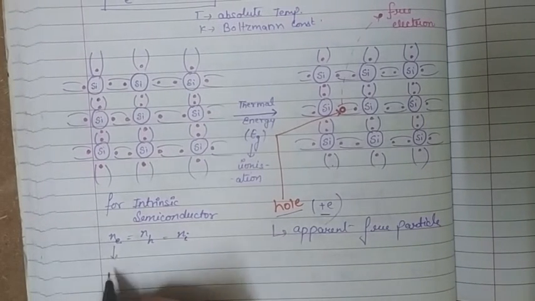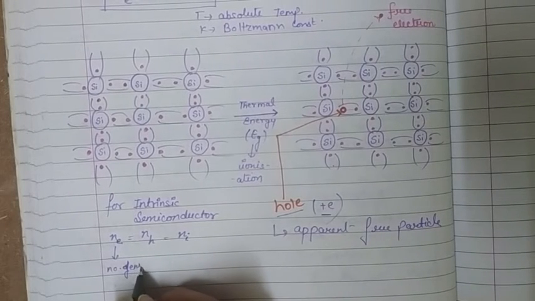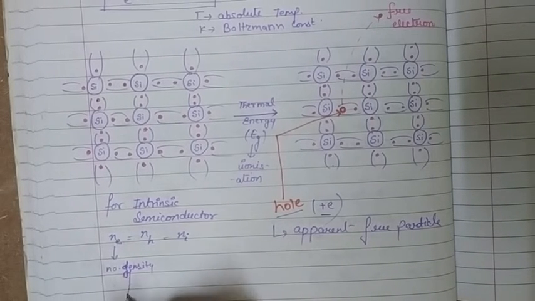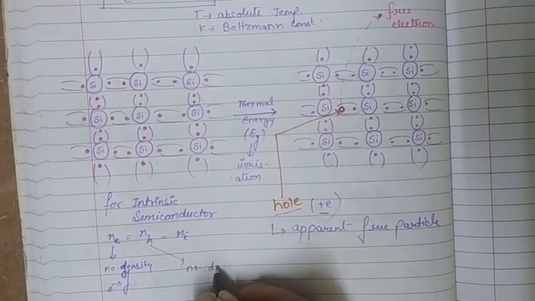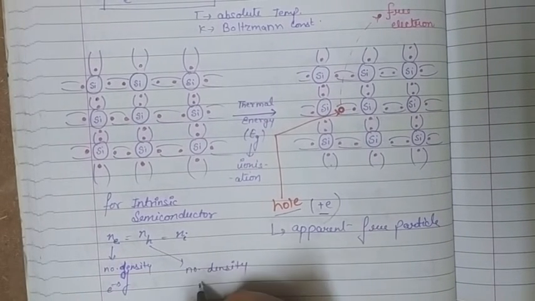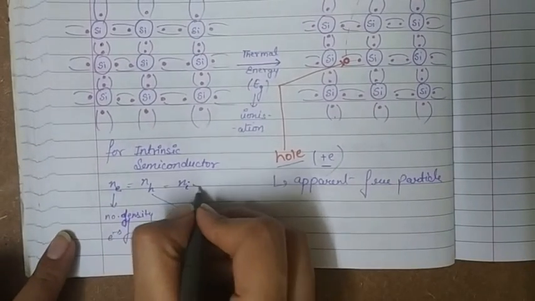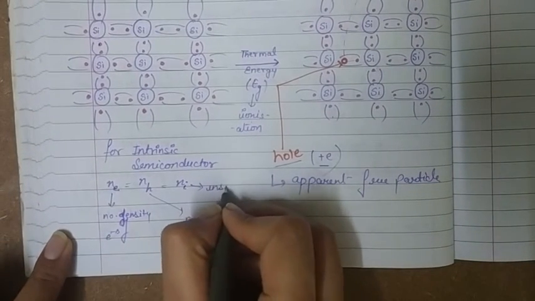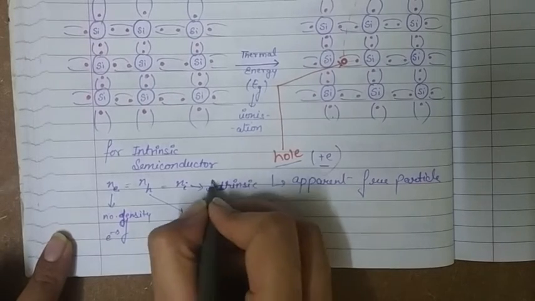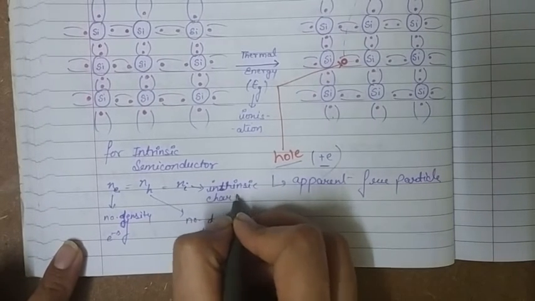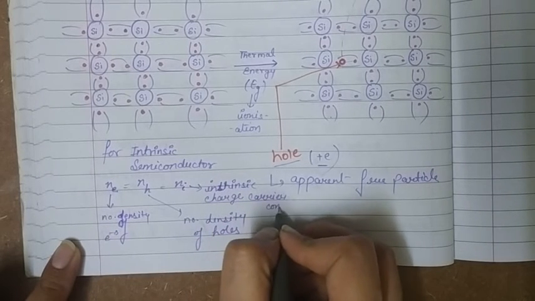So Ne is the number density of electrons, NH is the number density of holes, and Ni is the intrinsic charge carrier concentration.